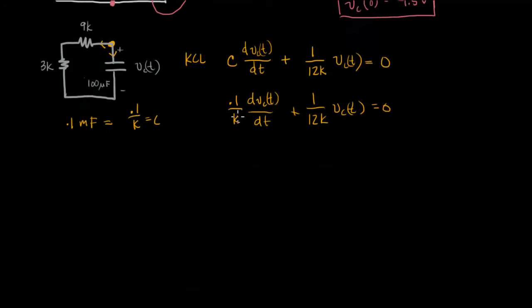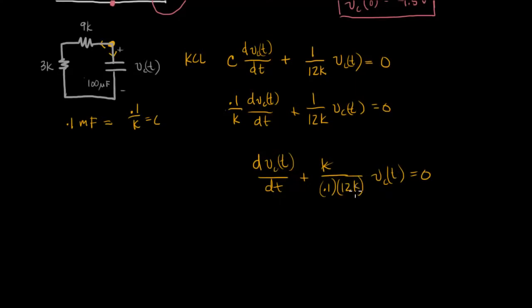Now the important thing about actually solving this and putting it into a solution that gives you the final voltage is that we need it to be in standard form so that we can apply our simplification to this. Okay, so what I'm going to do is multiply through by K over 0.1, and that'll cancel this out. So we get dVc(t)/dt plus K over 0.1 times 12K Vc(t).